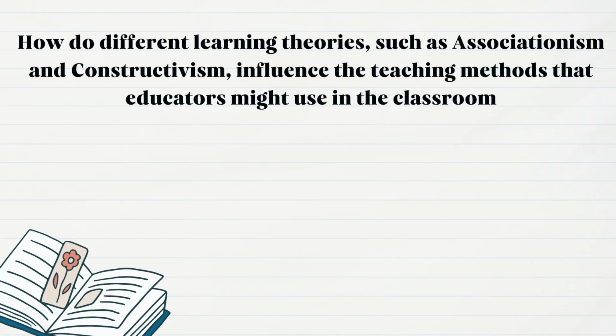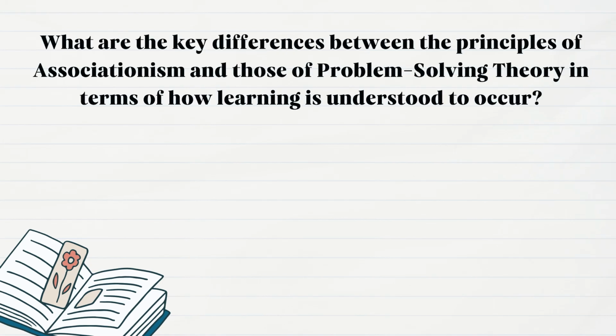So this is the end of our comparison and contrasting of the four theories. Here are some questions that may help us to reflect a bit more and come up with our own understanding of these four theories. First and foremost, how do different learning theories such as associationism and constructivism influence the teaching methods that educators might use in the classroom?